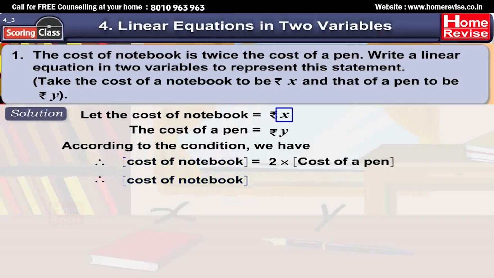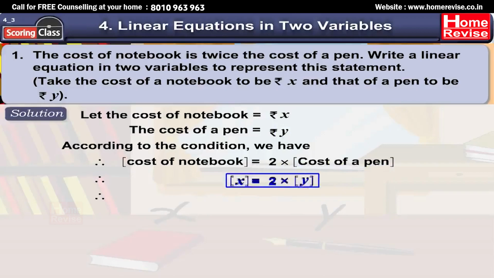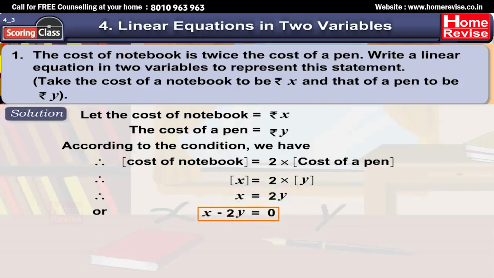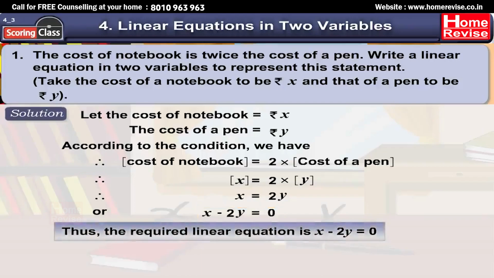Therefore, x is equal to 2 into y. Therefore, x is equal to 2y, or x minus 2y is equal to 0. Thus, the required linear equation is x minus 2y is equal to 0.